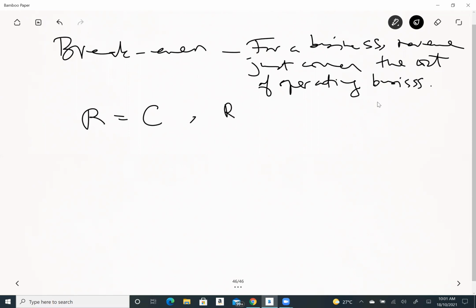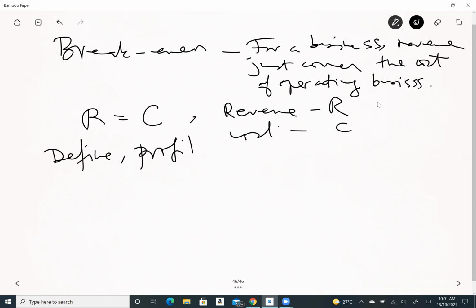R is revenue, and the cost is C. So revenue is just equal to the cost, and if you define profit, what is profit? Profit is equal to revenue minus cost. So when your break-even revenue equals the cost, that means the profit is equal to zero.